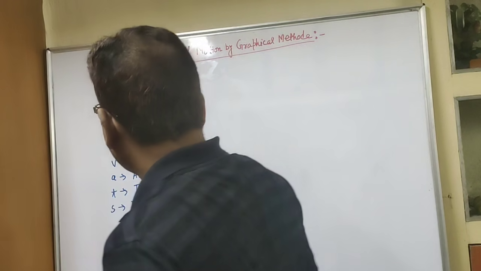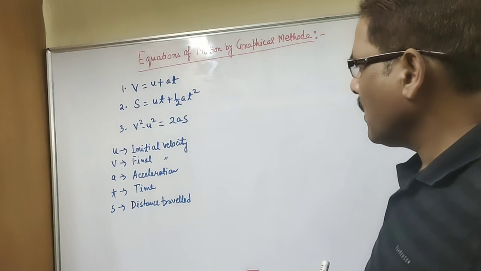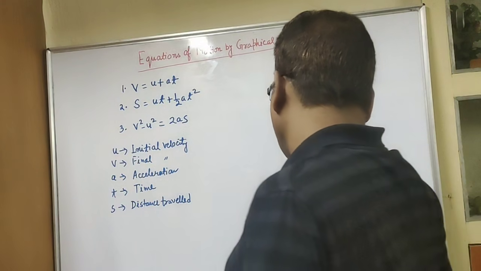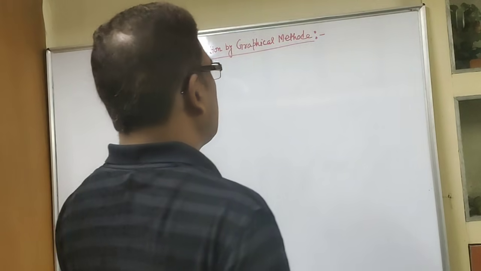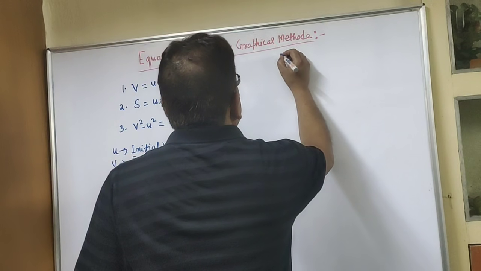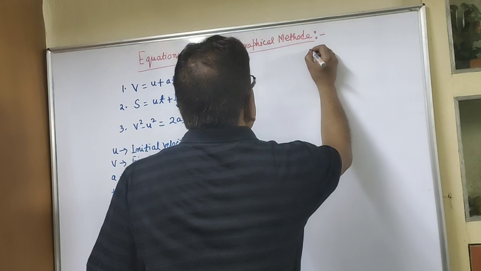So these symbols have these meanings. Now to derive these equations, we have to draw a velocity time graph. So let us draw a velocity time graph.